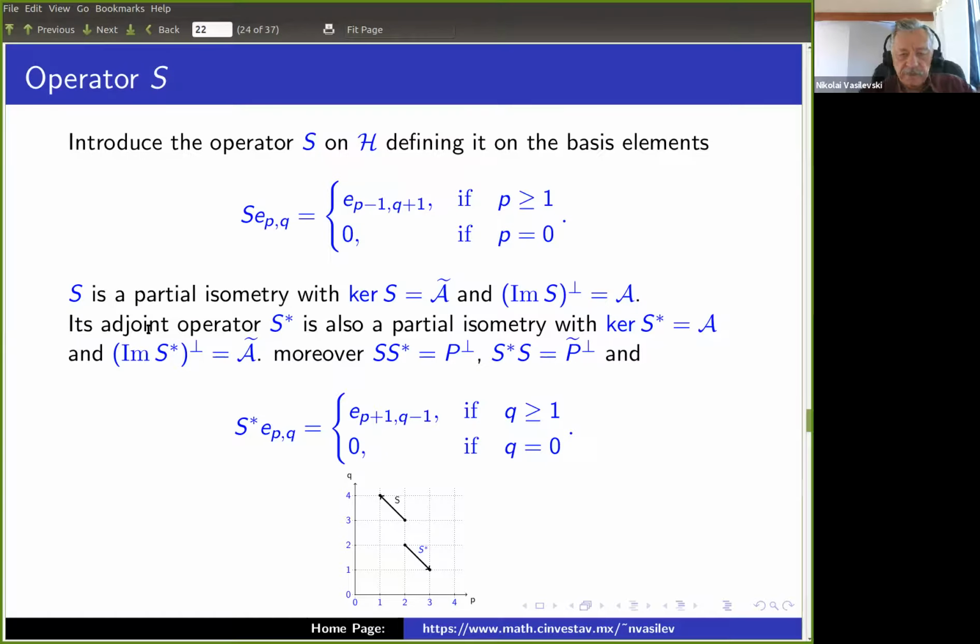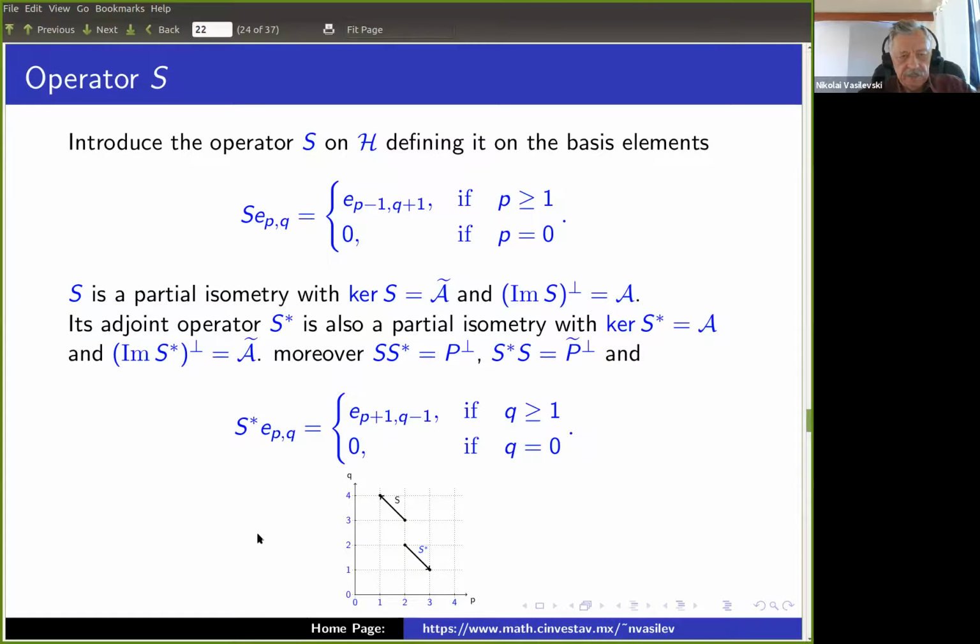It's very transparent to see the action of this operator in this picture. We consider the grid where we identify each basis element PQ with the node having coordinates P and Q. What does the operator S do in this picture?